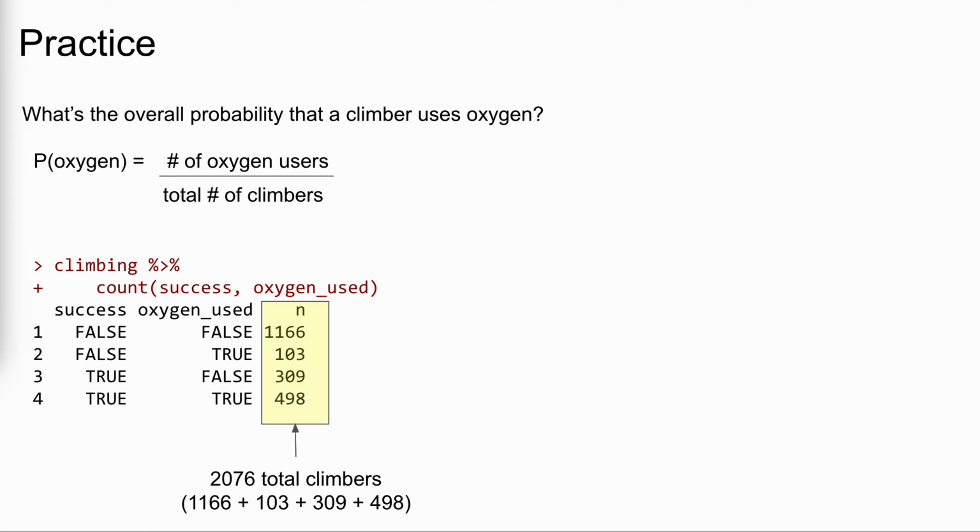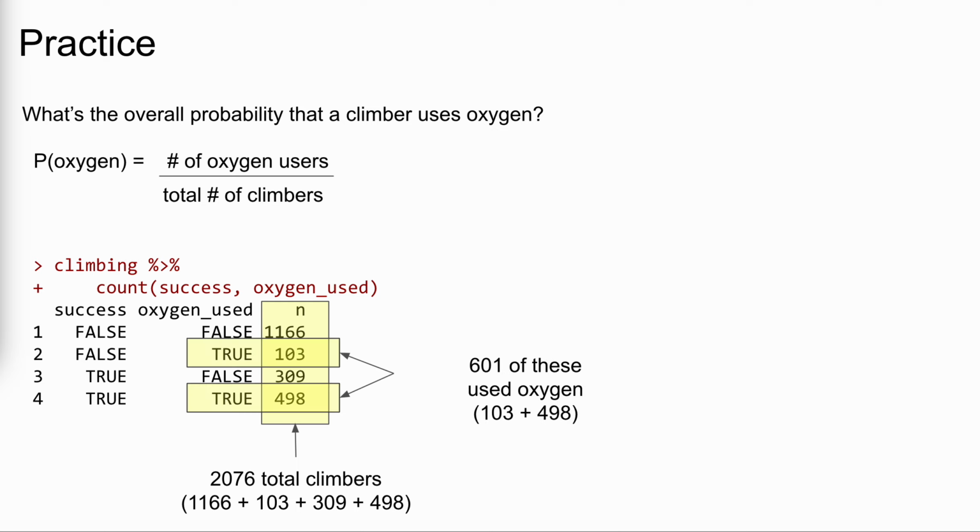Again, there were 2,076 total climbers in the data. And among these, 601 used oxygen, combining those that were successful and those that weren't. Plugging in these 2 counts, 29% of our climbers used oxygen. That is, if I take a climber at random, the probability that they used oxygen was 29%.